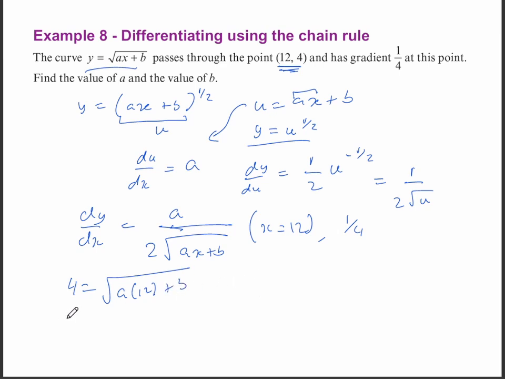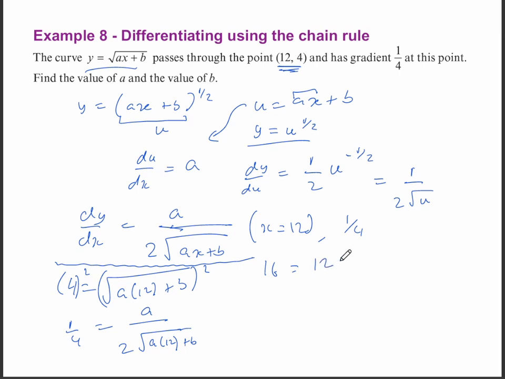And also we have that 1 over 4 is equal to a over 2 root a times 12 plus b. What we can do here to remove the square roots is just square this side, because we want to solve by substitution. This is a simultaneous equation. Therefore, we'll get 16 equals 12a plus b. Make b the subject, we get 16 minus 12a is equal to b.